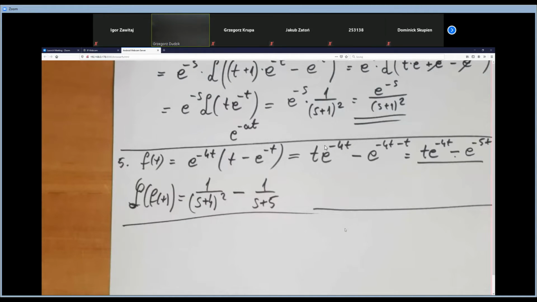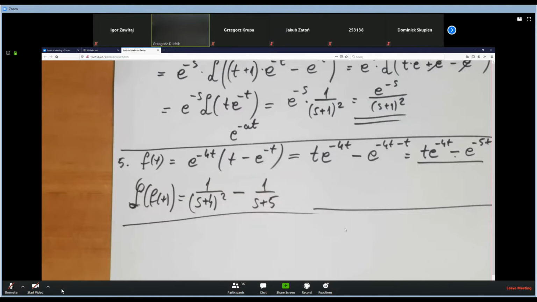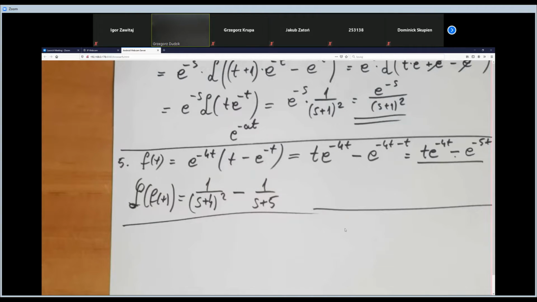So as you see, we made some examples which tell us how we can find the Laplace transform function, or how we can go to the Laplace domain, having the function in time domain. Great.